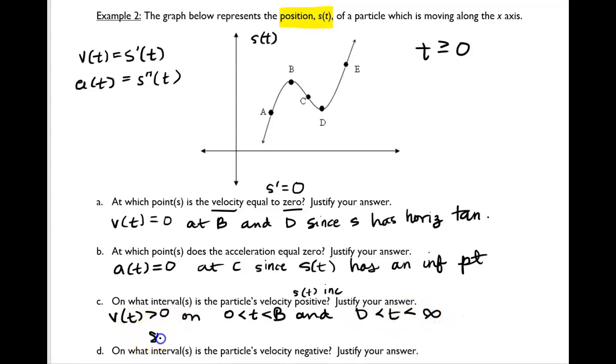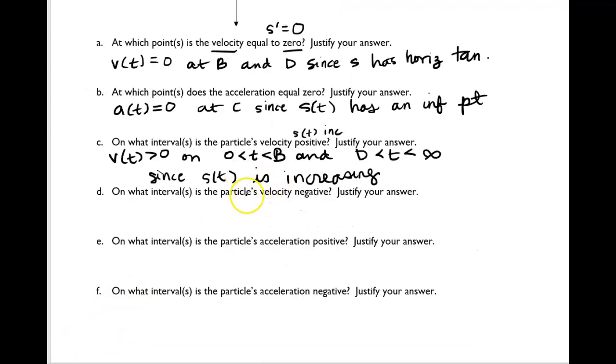And our justification there is since s of t is increasing. So that's why I know that my s prime, my v of t, is positive. So the particle's velocity was negative on the opposite interval there. v of t is less than 0 on the interval b less than t less than d, since s of t was decreasing.